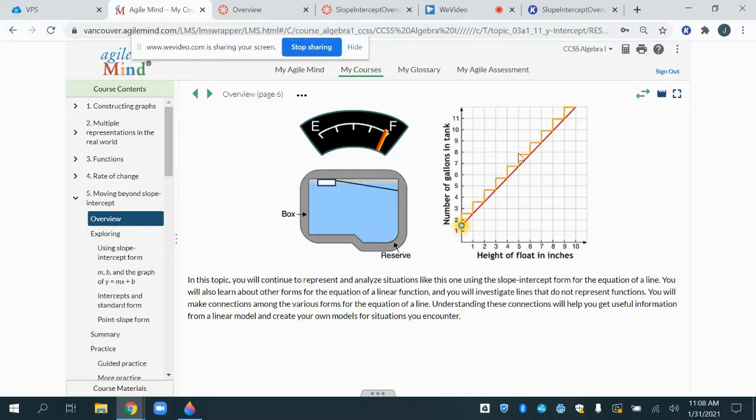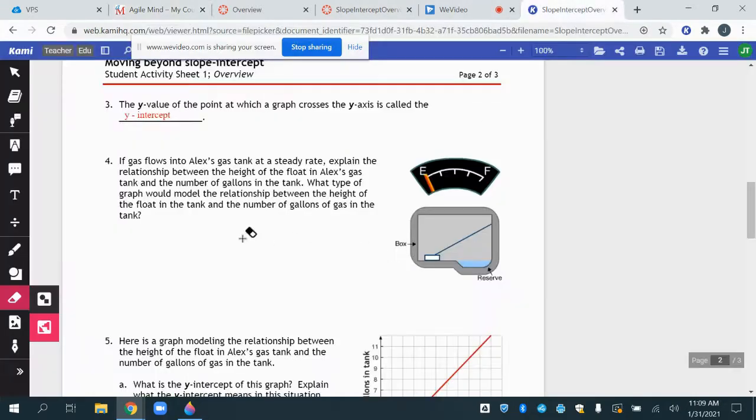And that means that it goes up a little bit steeper than it should. It goes up a tiny bit more than it goes over. So even though the float says you've gone up 10 gallons, you're actually putting a little bit more in because of its height. The height changes by 10 inches. The gallons, you're only actually putting in about 10.5 gallons, not 12. All right, let's talk about this. What do we notice?